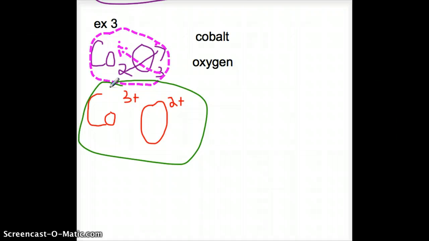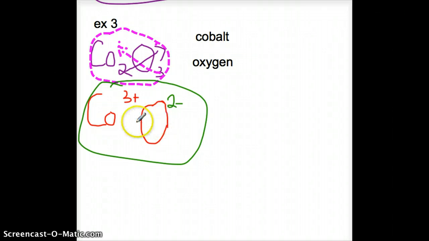Oxygen has an oxidation number of 2 minus, and cobalt has an oxidation number of 3 plus. We must check that the nonmetal has the correct charge, and indeed, according to the periodic table, oxygen will have a 2 minus charge. So we have successfully identified the original charge of each element.